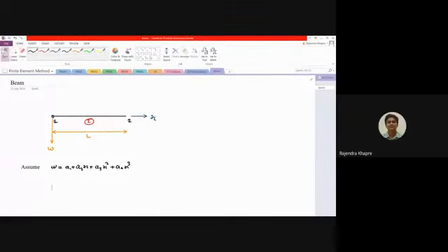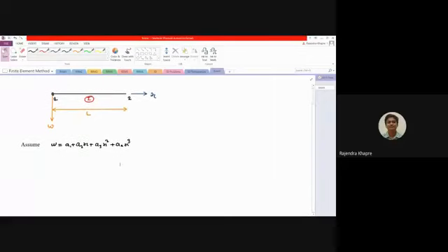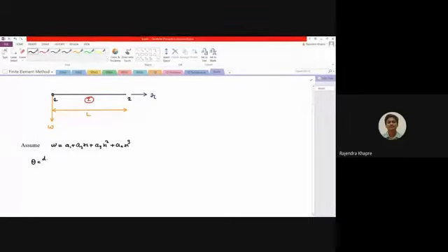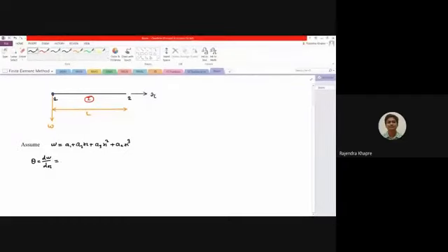If this is the displacement polynomial, then I can get the rotation value. The rotation value is generally denoted by the symbol theta, and it is calculated by taking the derivative of W with respect to x. So d by dx of a1 will be 0.